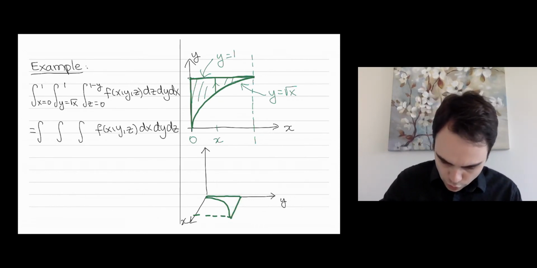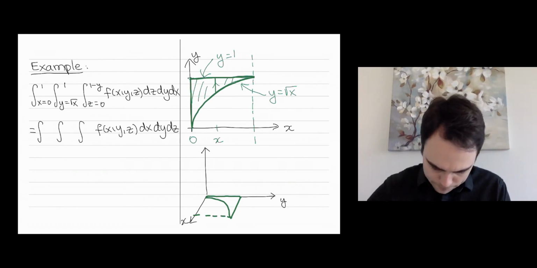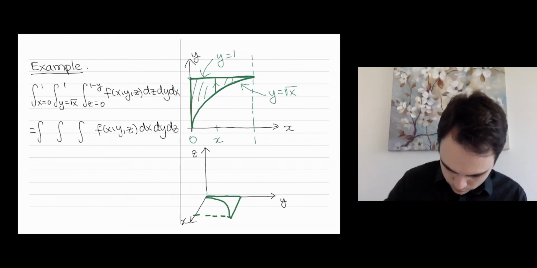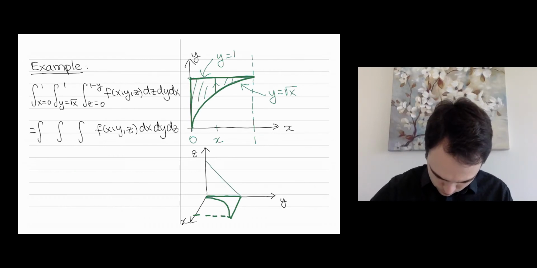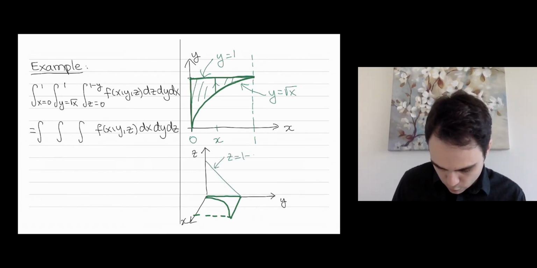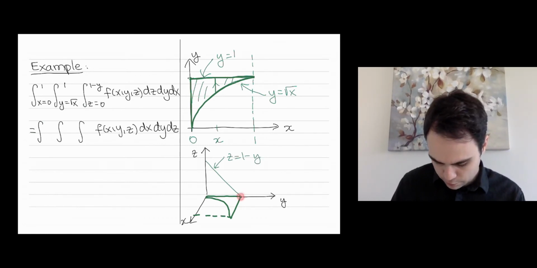So to draw this thing, I'll just draw 1 minus y on the z coordinate. So z equals 1 minus y. So this is the line where z is equal to 1 minus y. You can see this point has y-coordinate 1 and z-coordinate 0.